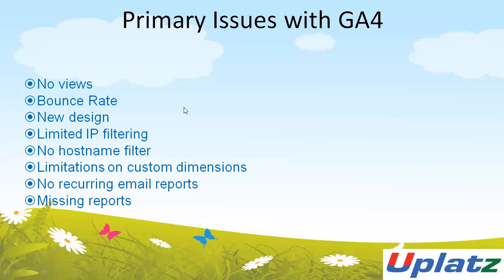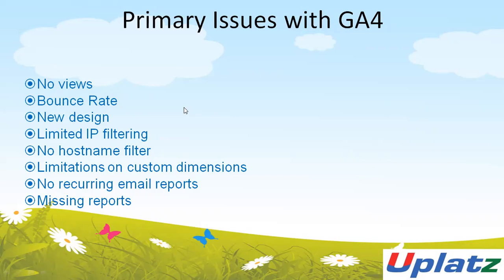Sometimes it is really out of focus what we are actually seeing, because in Universal Analytics it is systematic. Like if you go to the location area, then you find country, region, city. But in this, that facility is not there. You have to search, you have to create a report.